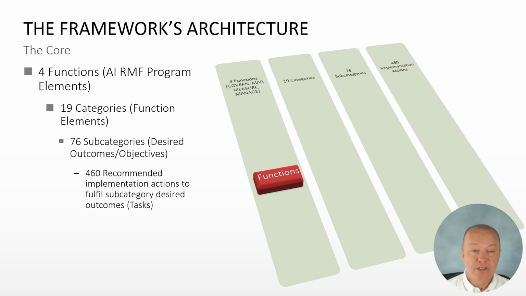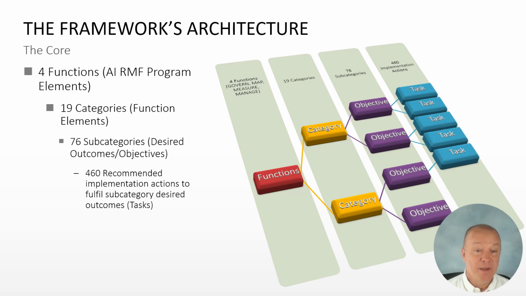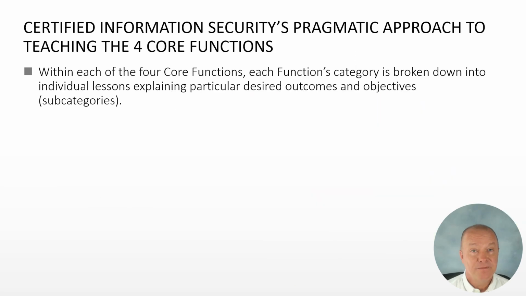So when we put all of this together, we find out that we have 460 recommended implementation actions to help fulfill those 76 subcategories across 19 subject matter categories of the 4 functions. So our pragmatic approach to teaching these 4 core functions begins by breaking down each category into individual lessons, explaining particular desired outcomes and objectives that we need to accomplish.